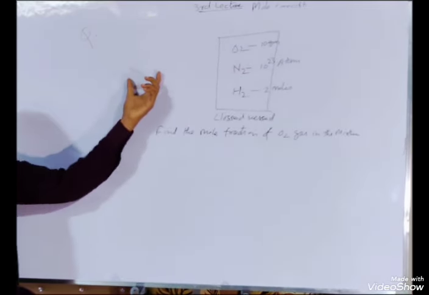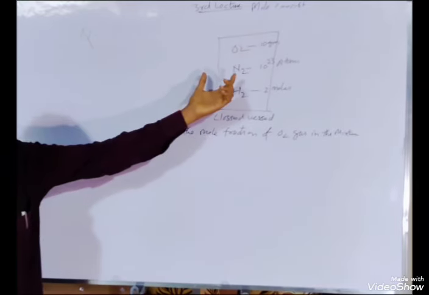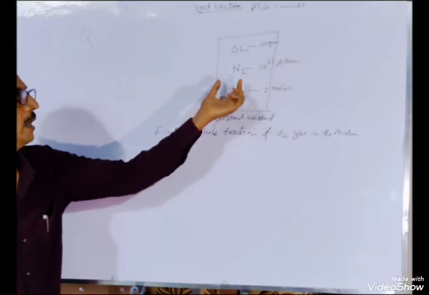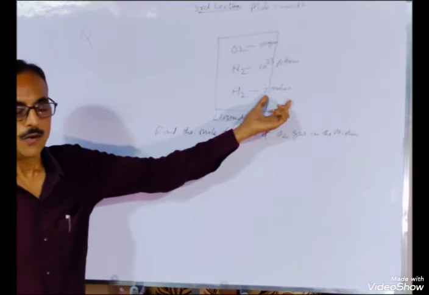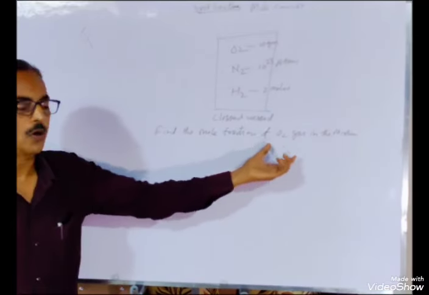Suppose this is the question. A gas mixture having oxygen 10 gram, nitrogen 10^23 atoms and hydrogen 2 moles. Find the mole fraction of oxygen.